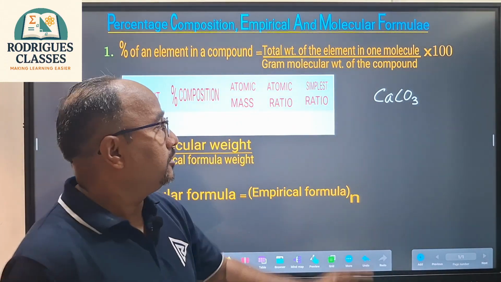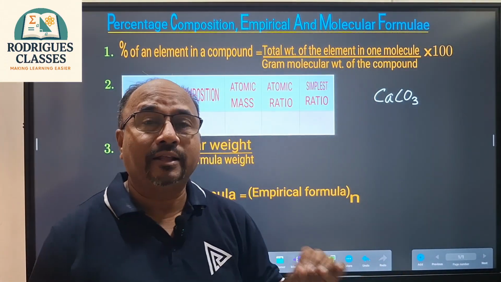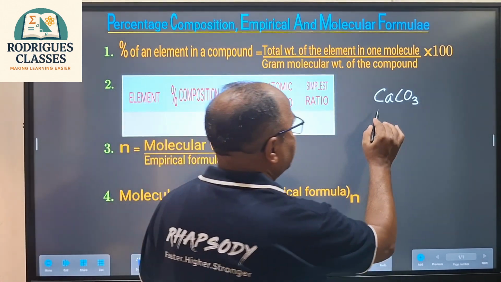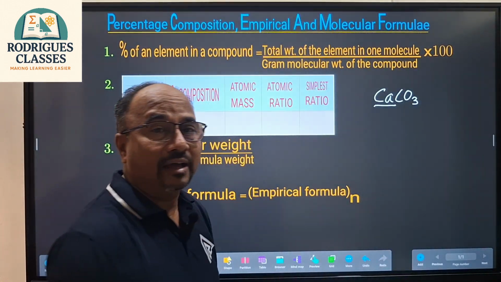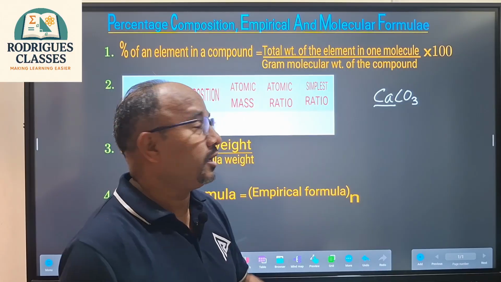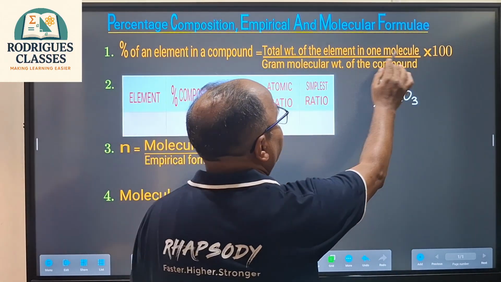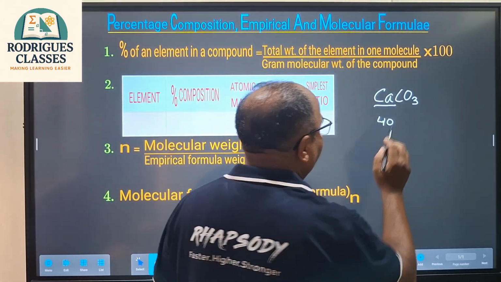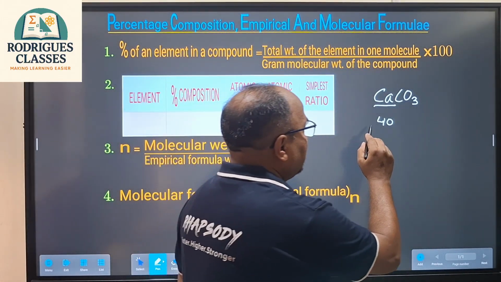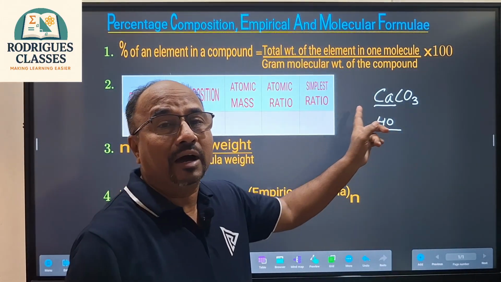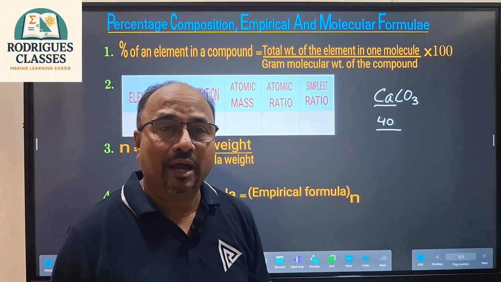calcium carbonate, if I am looking for the percentage of calcium here, this calcium has an atomic mass of 40. It is having only one atom there. So in the total weight of that element, we will be writing 40 by the molecular mass of this compound, calcium carbonate.